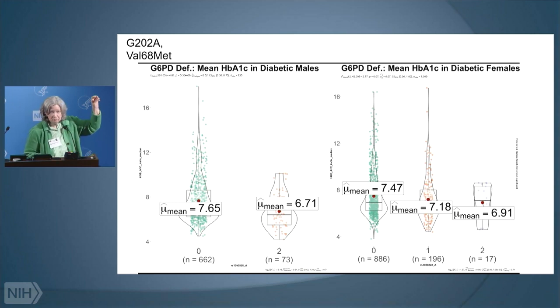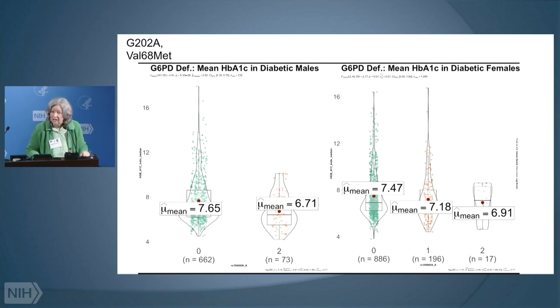But people who carry G6PD alleles, mutations, again, that happen to be adaptations to malaria environments. This is a very common adaptation that has arisen over and over again, independently, at different alleles at G6PD, which is on the X chromosome.